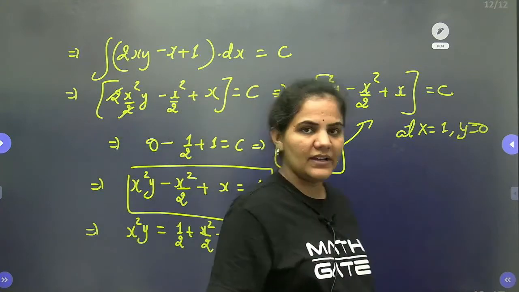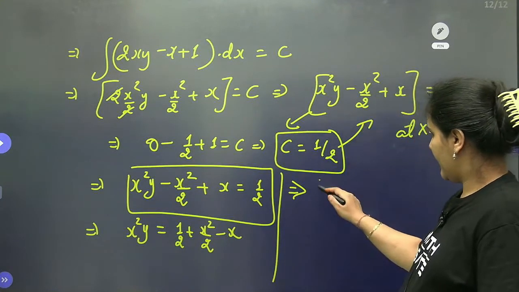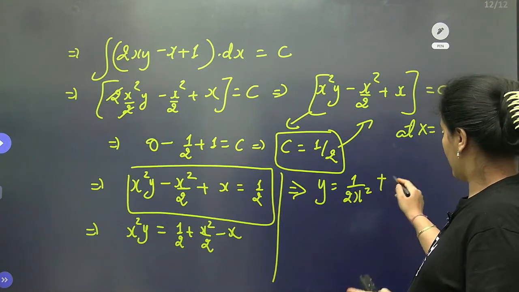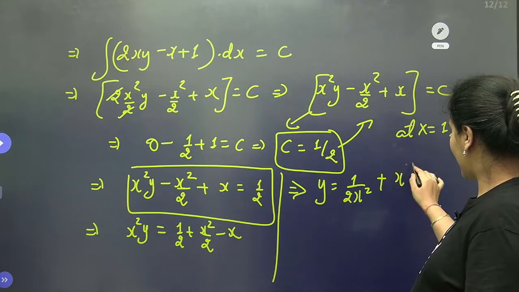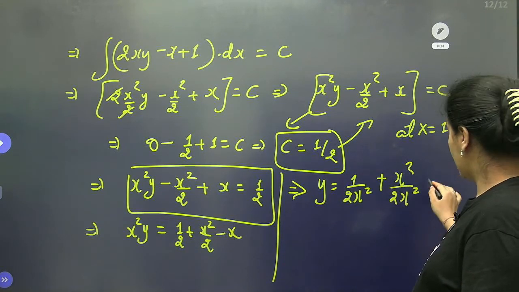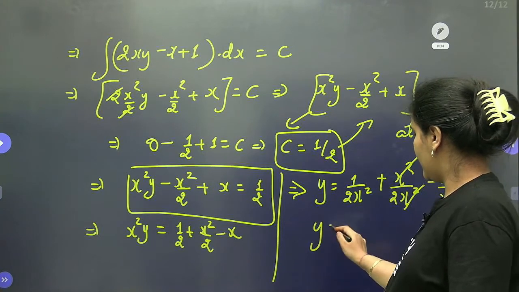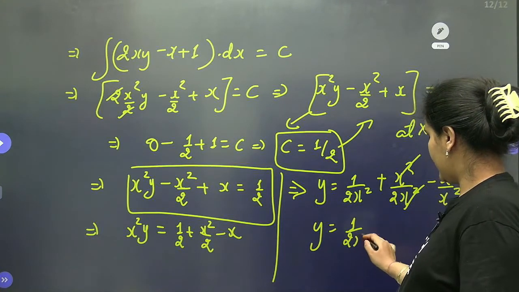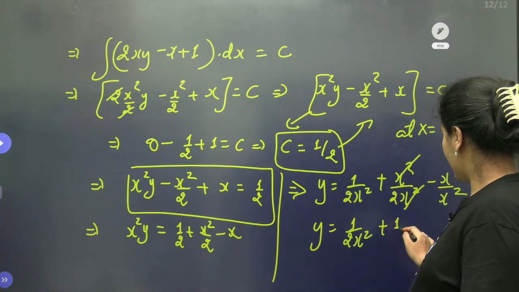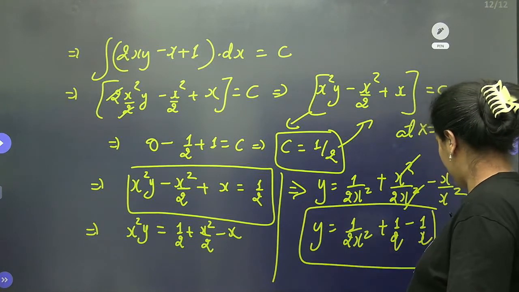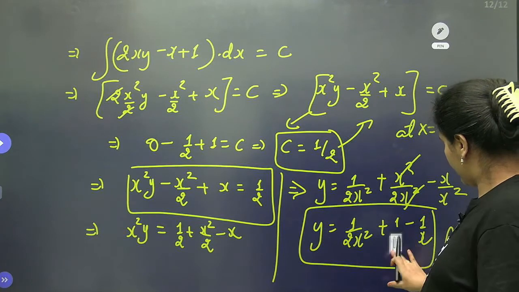So more and more we can write, my dear students, y is equal to 1 by 2x square plus x square by 2x square minus x by x square. x square will be cancelled out. You will write down 1 by 2x square plus 1 by 2 minus 1 by x. So this will be your final answer. According to me, this will be your final answer.